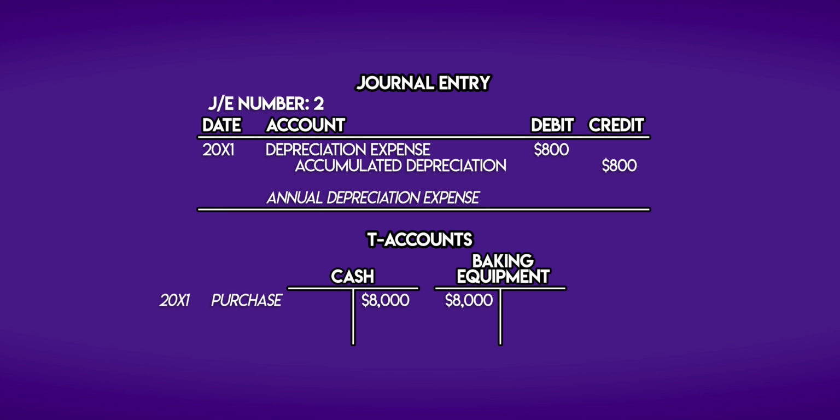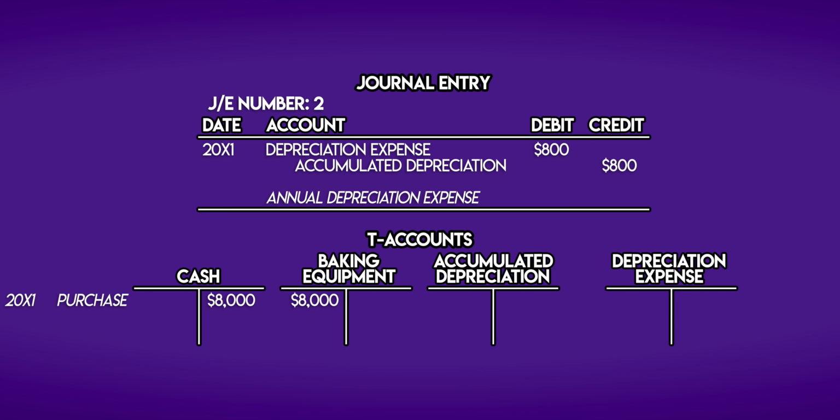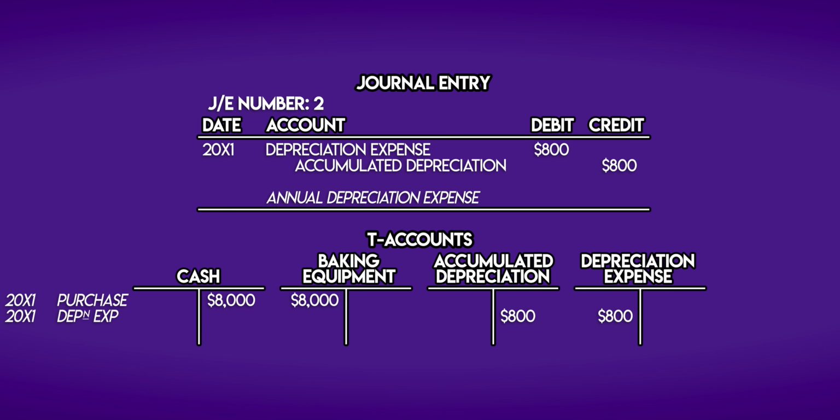You'll need 2 new ones, accumulated depreciation and depreciation expense. In your second journal, you debit depreciation expenses by $800 to increase them in your income statement, and you credit accumulated depreciation by $800 to reduce the value of your oven in the balance sheet. Your baking equipment and accumulated depreciation accounts both sit in the asset section of your balance sheet.